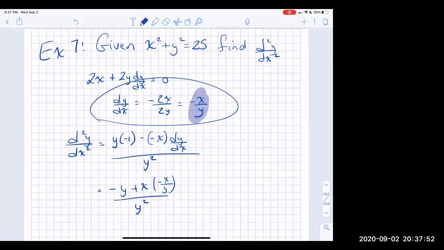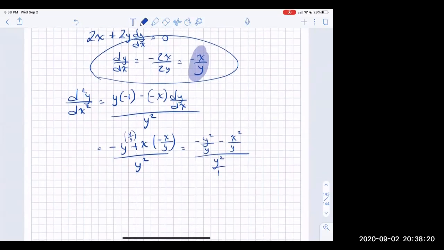Okay, which gives me, and I'm going to multiply this by y over y. Okay, are we good with that? So this is going to give me negative y squared over y minus x squared over y squared, right? I'm just doing complex fractions, that's it. I multiplied this one here by y over y, just so I could have common denominators.